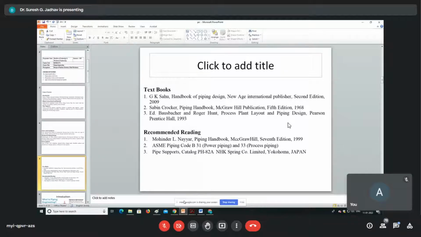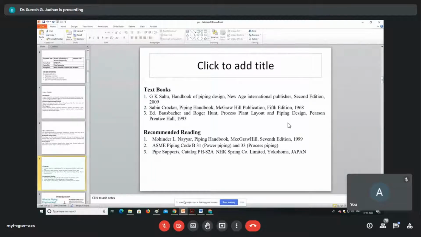Next one is the ASME codes: B31 and process piping. ASME stands for American Society of Mechanical Engineers. From the standards, study the piping codes: B31.1 for power piping and B31.3 for process piping.